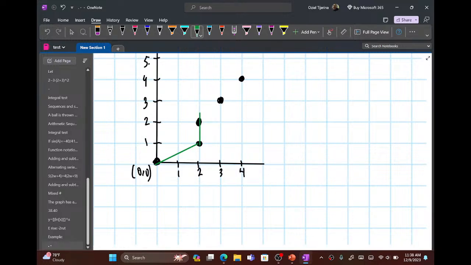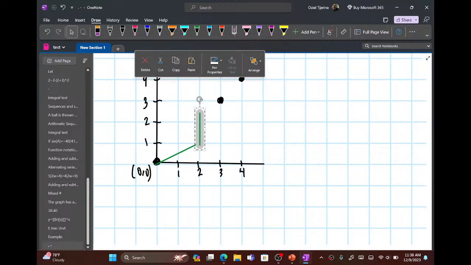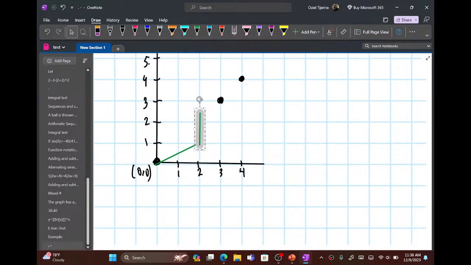I'm sure everybody should know how to plot them by this point. Okay, well, I'll just do it this way. Something like that. Okay. Now, there's a problem here. This cannot happen.